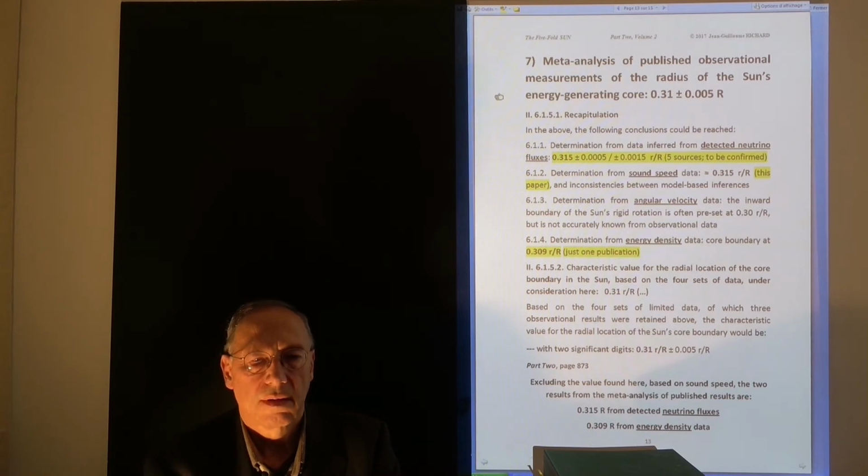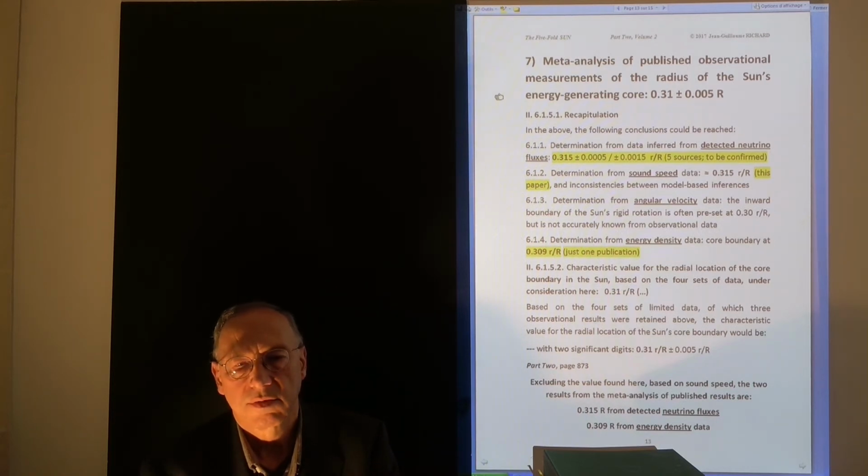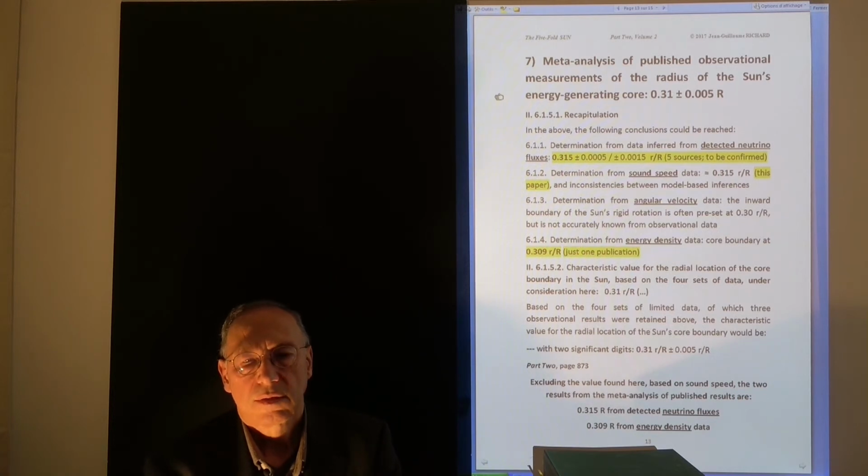This, however, is based only on 5 sources and is a result that obviously needs to be confirmed in the future. In 6.1.2, a determination was performed not from meta-analysis but from the raw data that 2 authors were so kind to provide me. And I found 0.315 again.